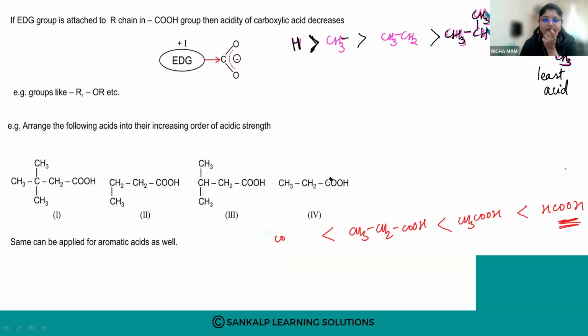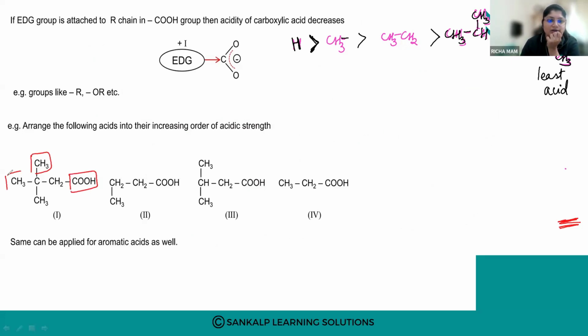What will happen to the effect? Yes, so here COOH group is here. So 1, 2, 3 groups are there.